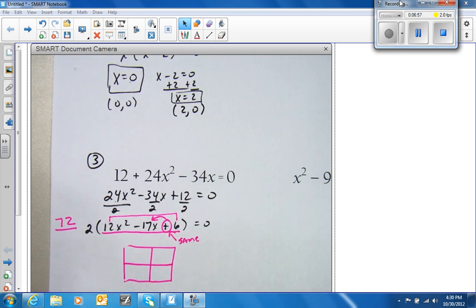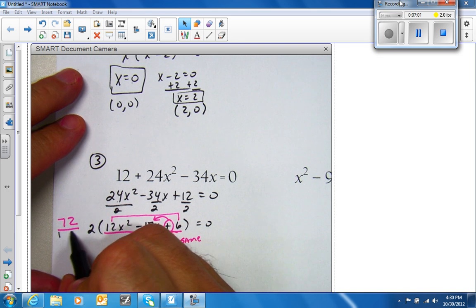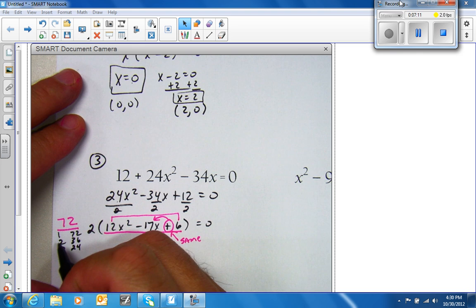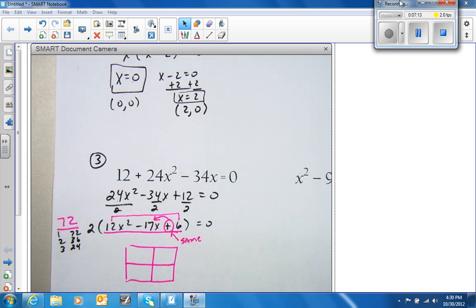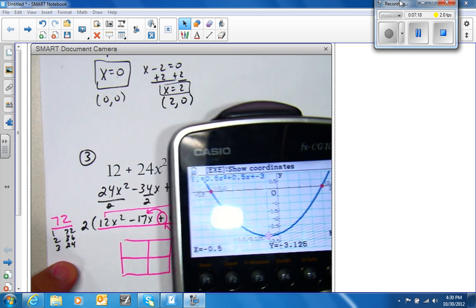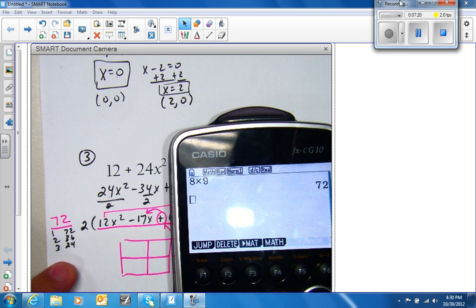Alright, so here we go. The factors of 72 are 1 and 72, 2 and 36, 3 and I believe 24. Let's see, will 4 go into that? If you're not sure if 4 will go into it, let's just check our trusty calculator. Go to menu number 1. 72 divided by 4.